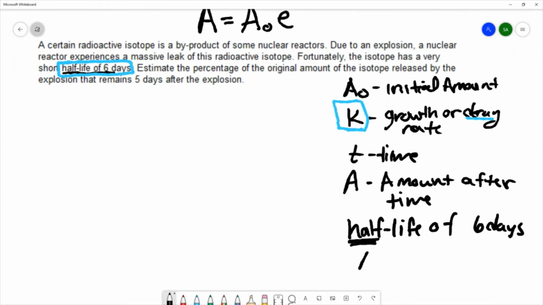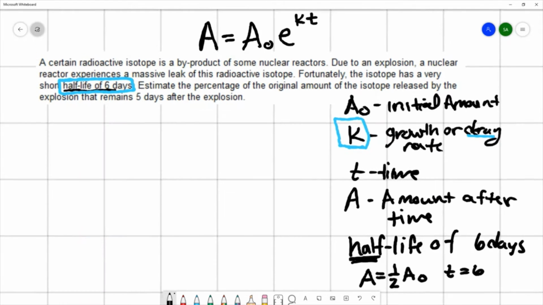So our amount after time will be half of our starting amount, our initial amount, at a time of 6 days. So this is going to give me values to substitute into the exponential model.